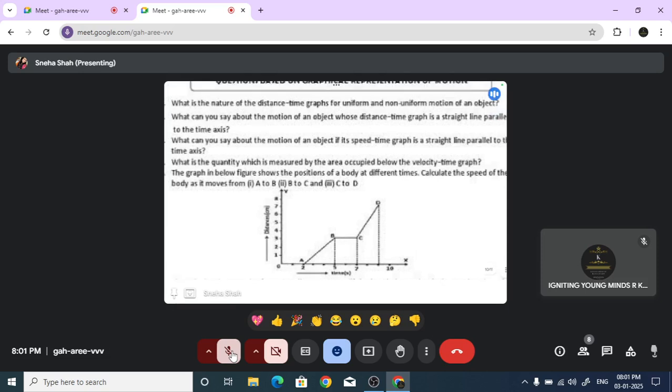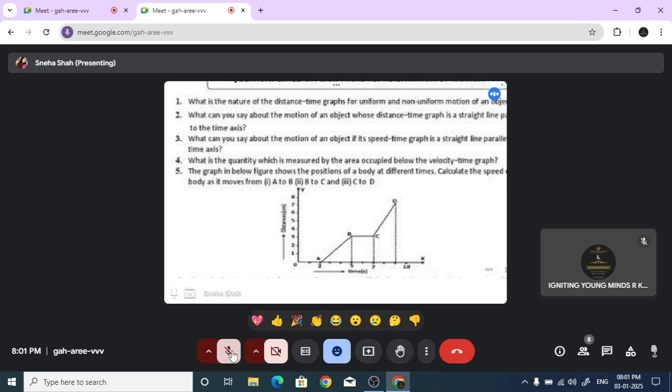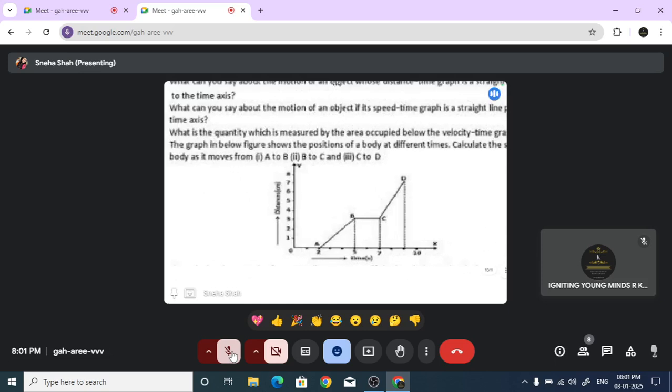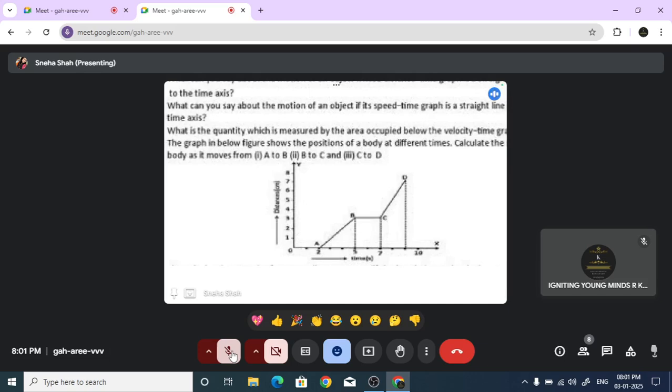So the graph in the below figure shows the positions of a body at different times. Calculate the speed of body as it moves from A to B. Here, can you see A to B? I know it's a bit blurry, but you can make out where A is, where B is. Correct? Yes, ma'am. So what is the speed of the body as it goes from A to B?